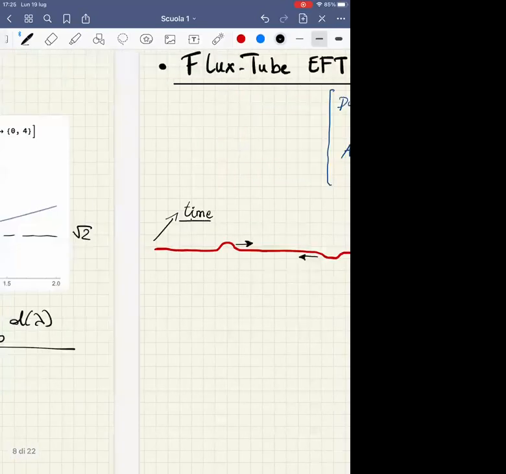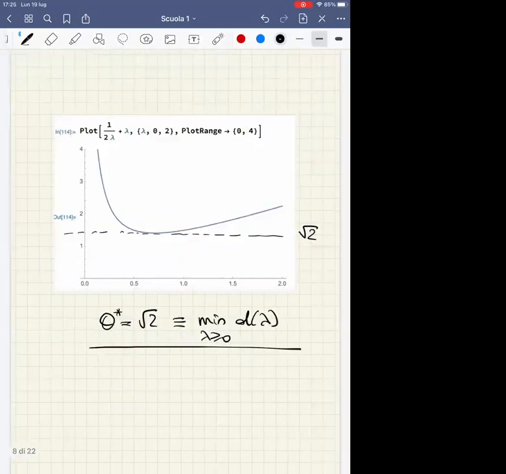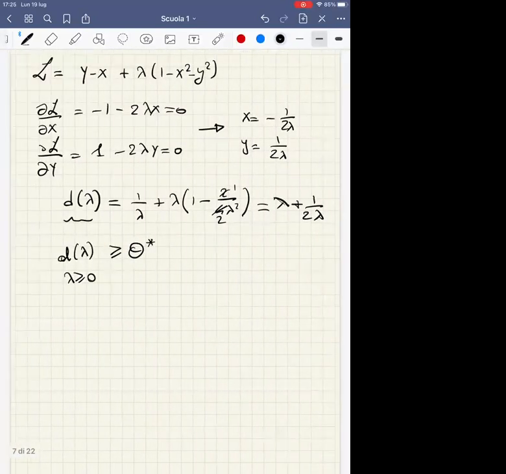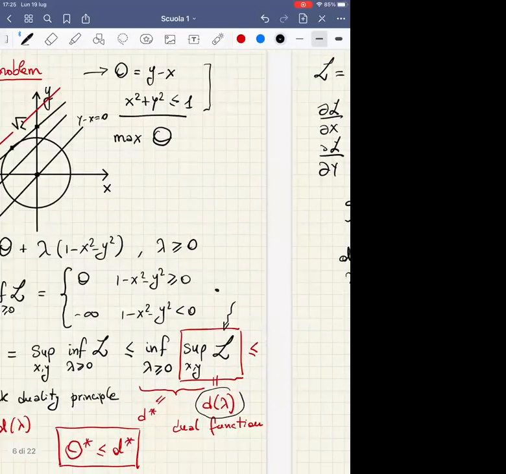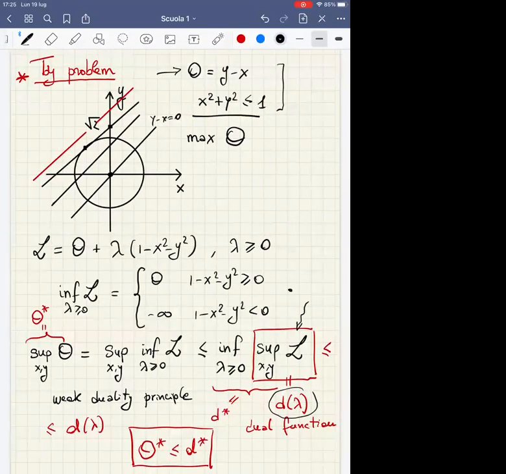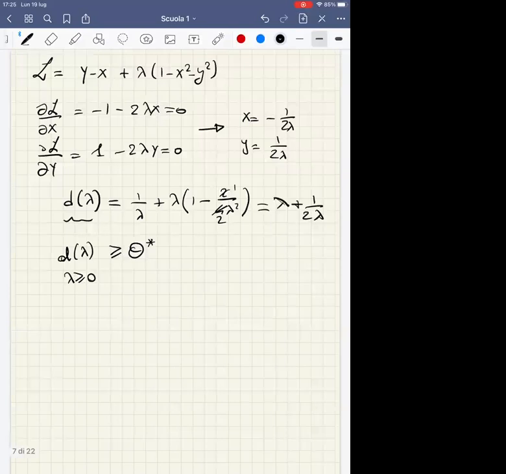Andrea, I also have a question. If you go to the example page, the next page. Here we can see that when x and y are at the solution to the first derivative equal to 0, the Lagrangian is at its maximum.